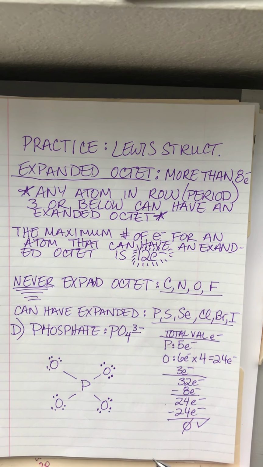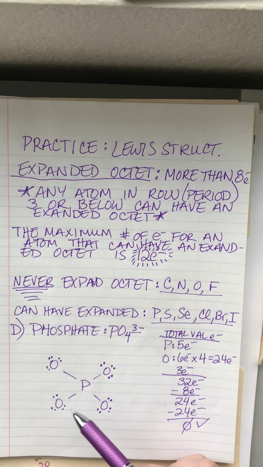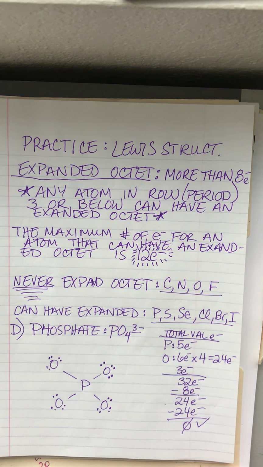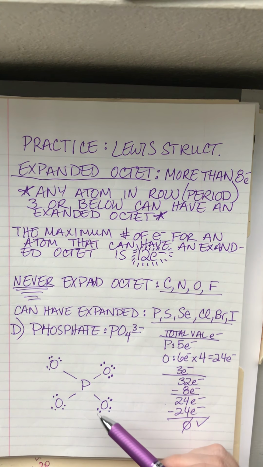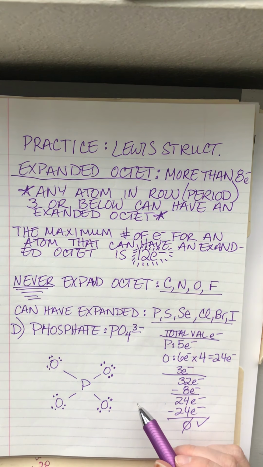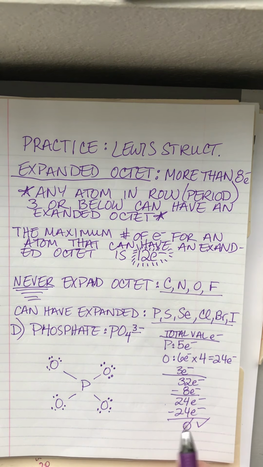So first thing I want to evaluate is the octet rule. Here we see that phosphorus has 2, 4, 6, 8 electrons, and each one of our oxygens has 2, 4, 6, 8 electrons. So the octet rule is satisfied. The next thing we want to do is evaluate the formal charges.